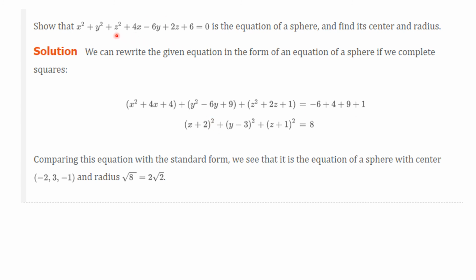And here we have z squared plus 2z, and if we complete the square, we add 1 squared to both sides, and we get this. And we move the minus 6 to the other side to put it in the proper form. We find out that this is a sphere centered at (-2, 3, -1), and the radius is going to be the square root of 8, which simplifies to 2 times the square root of 2.